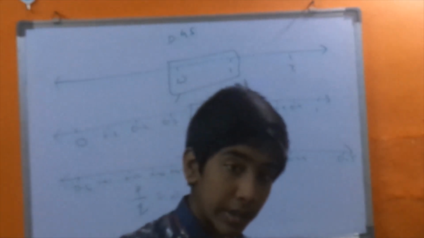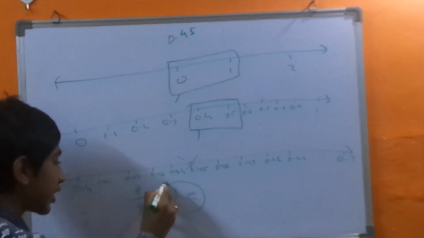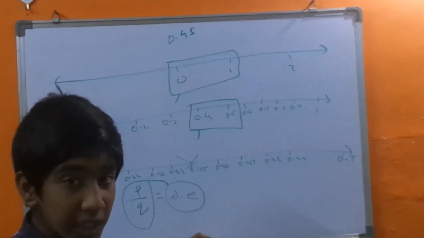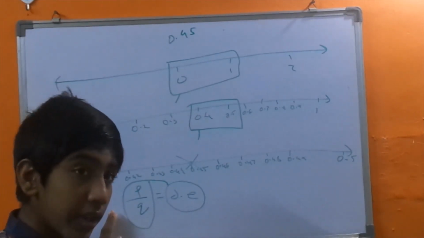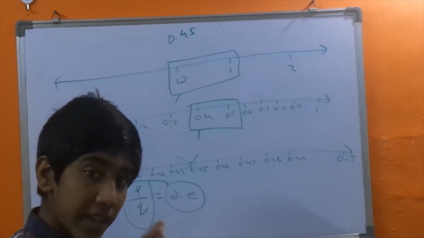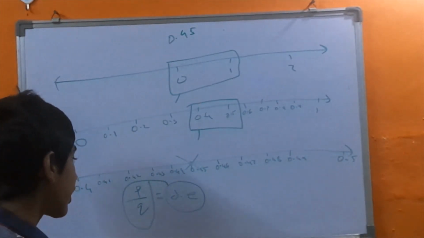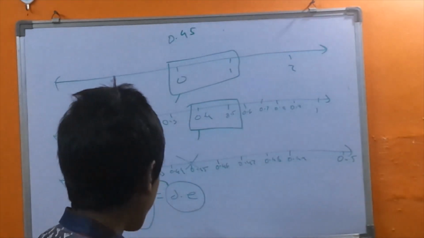So can we reverse this action, which means can we represent decimal expansion in the form of a rational number? Yes, we can. We can represent decimal expansions in the form of rational numbers.